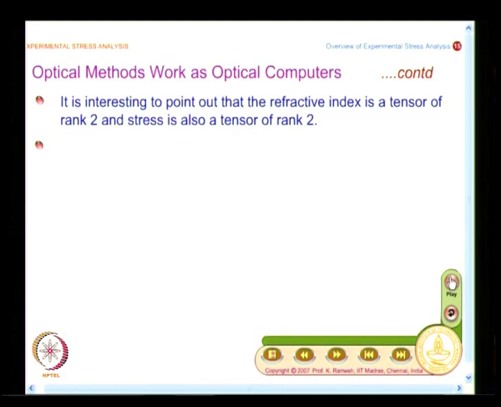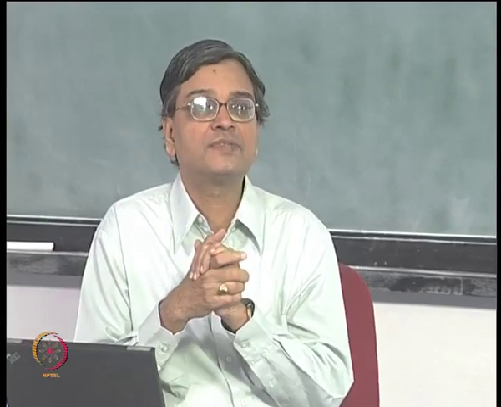And you will be surprised, many of you have done in your physics course an experiment on finding out the refractive index of a glass, and you would have just got a number. Like in the case of introducing strength of materials, you take a slender member and pull it, and you find out the stress introduced is P by A, you think that it is a scalar, because you are only looking at the value of one component, you are not looking at the totality of the stress at a point of interest.